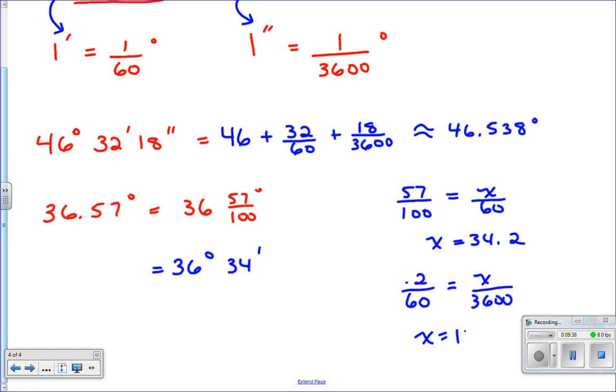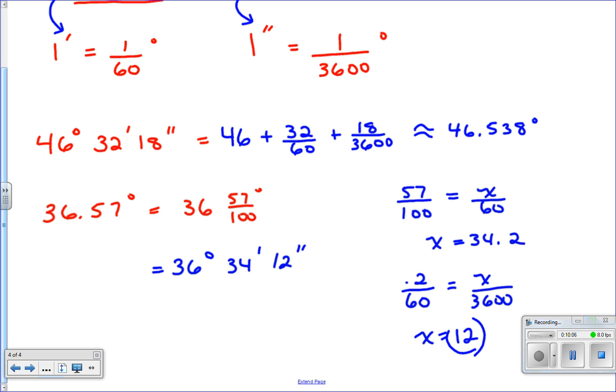When you get to this stage, you round to the nearest whole number. So we don't use decimals of seconds, and we don't break the seconds down into nanoseconds or anything smaller. So if this was not a whole number, you would round it to the nearest whole number. So that gives us 12 seconds. So that's the method for doing a manual conversion.